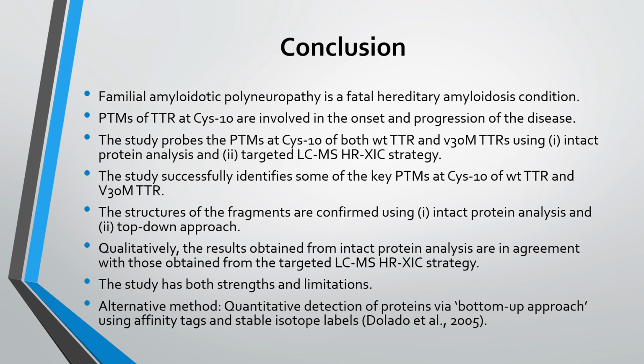The study probes the post-translational modification at cysteine of both wild-type and mutant TTRs isolated from human serum samples using two key proteomic techniques, the intact protein analysis and the targeted LCMS high-resolution extracted ion strategy. Qualitatively, the results obtained from both analyses are in agreement. The study has certain strengths as well as limitations that have been discussed in the previous slide.